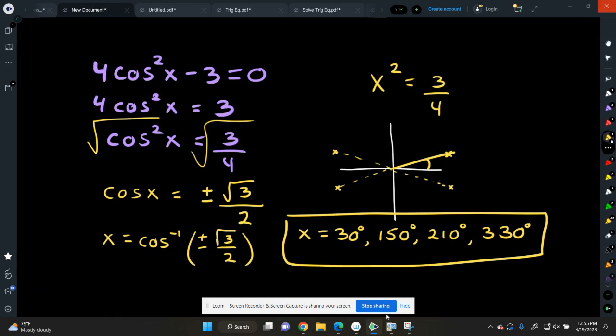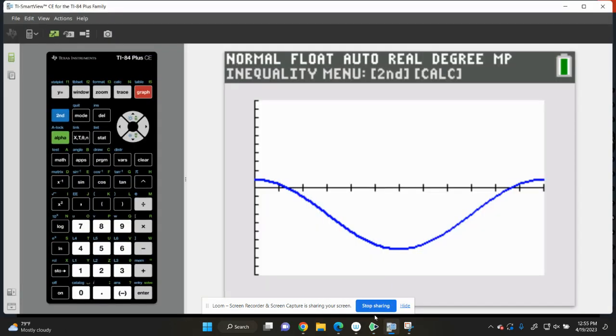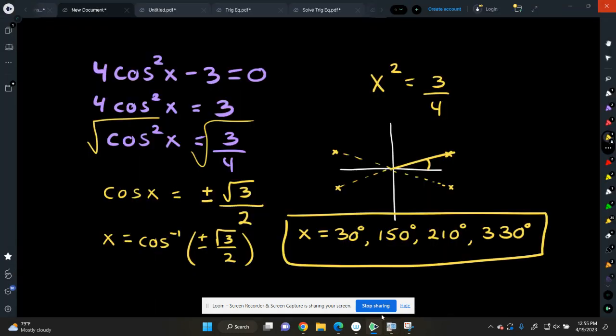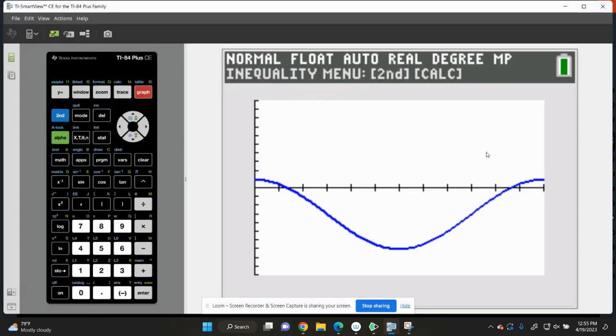Let me just tell you what just happened. I solved the equation algebraically and I got 4 answers. When I looked at the graph, I only see 2 answers, 2 points where it's crossing the x-axis because the equation is equal to 0.